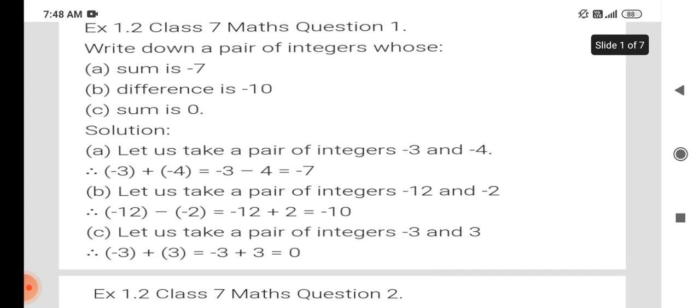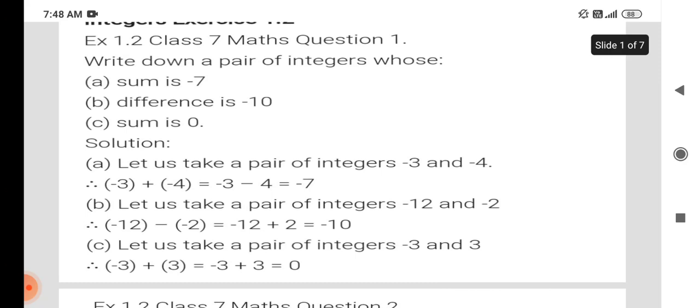Okay, part B: the difference is minus 10. Difference means you make a pair like this: if you subtract any number from any number and you get the answer minus 10.